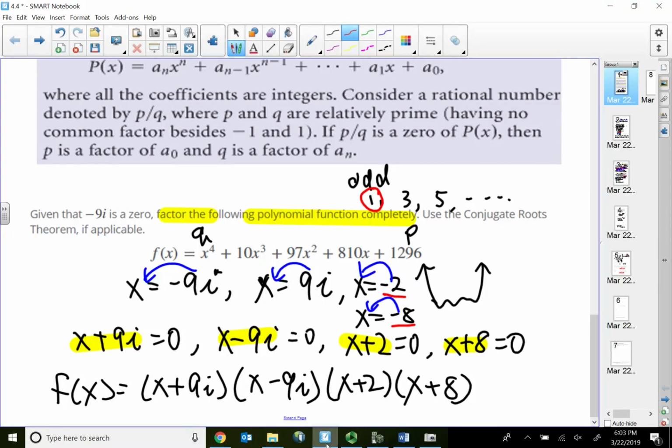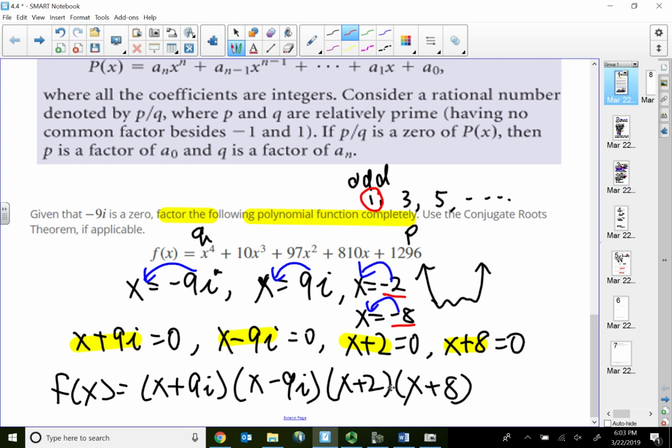We also graphed it. We saw it cross over at negative 2 and negative 8, along with the two non-real zeros. In factored form, the exponent is 1 and 1. That means the negative 9i and 9i already took up 2 degrees, 2 multiplicity out of the 4.